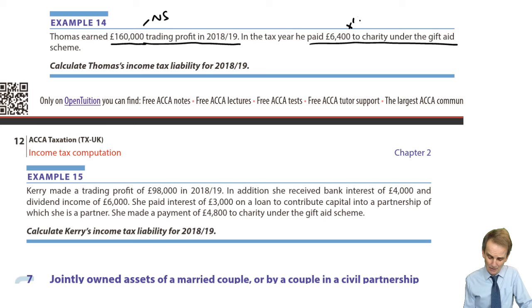So yet again, times 100 over 80, and that will come to a nice round £8,000 figure. What does that mean? It now means that both your basic rate band limit of 34,500 and your higher rate band limit of 150,000 are going to be extended by the gross amount of the gift aid payment. So we're going to be adding 8,000 to each of those figures.